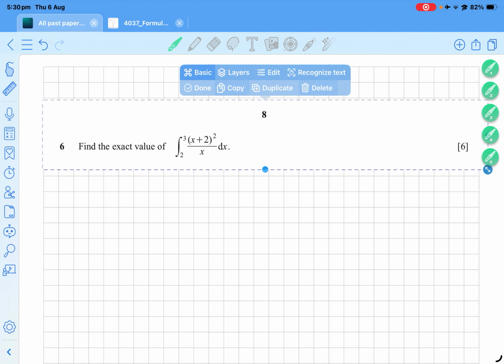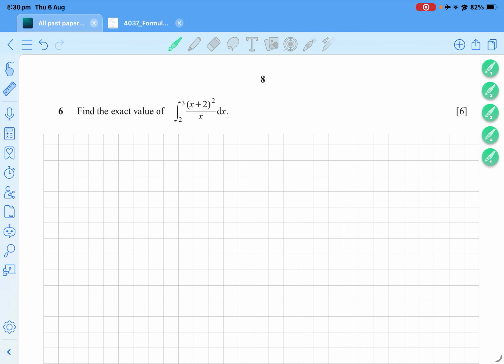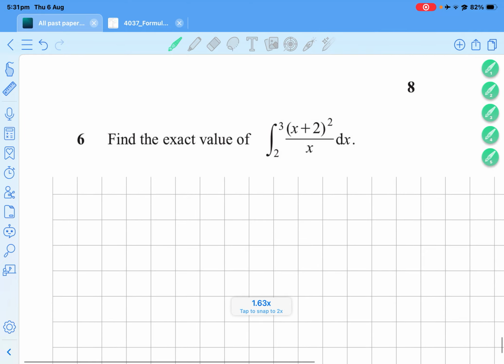Question 6. 3 over 2x plus 2 whole squared over x. So what's happening?